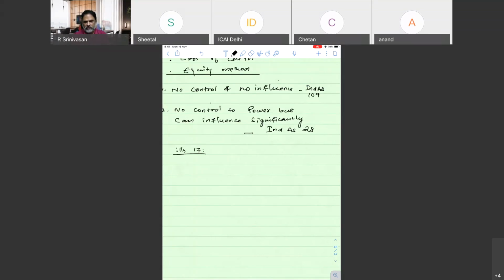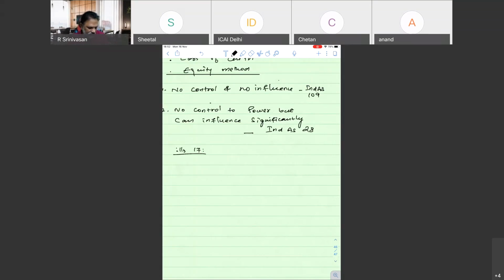So they say that if it is a subsidiary, then go for Ind AS 110. If it is a joint venture, then go for Ind AS 28. In all these cases, you have to consolidate. So here we have to consolidate in the second case also, because it is a joint venture.